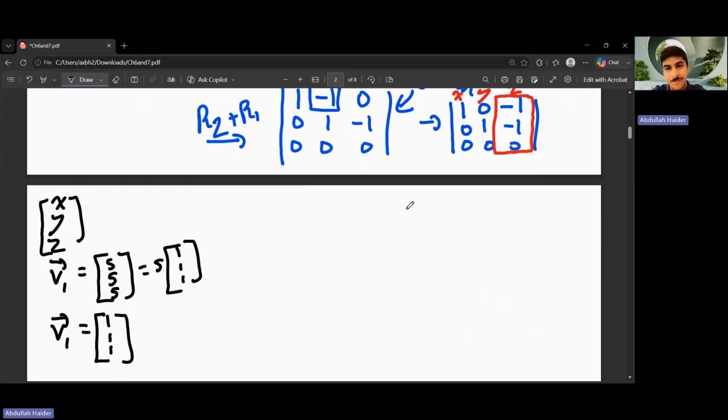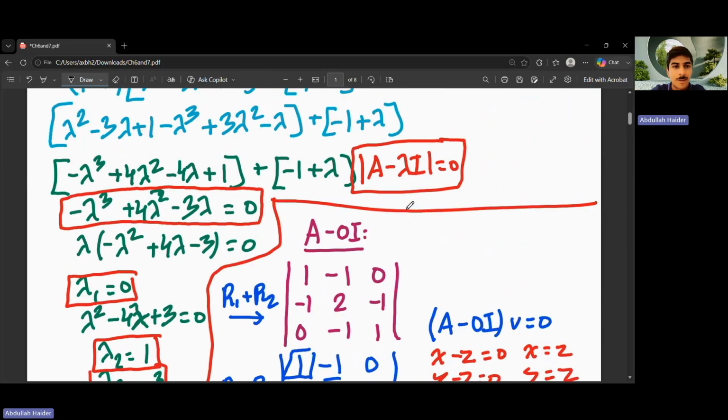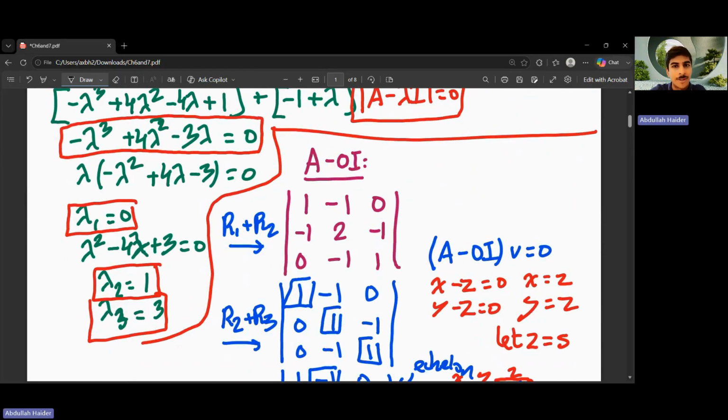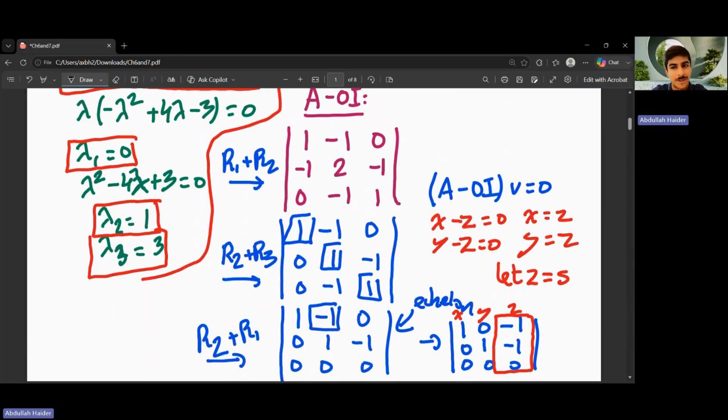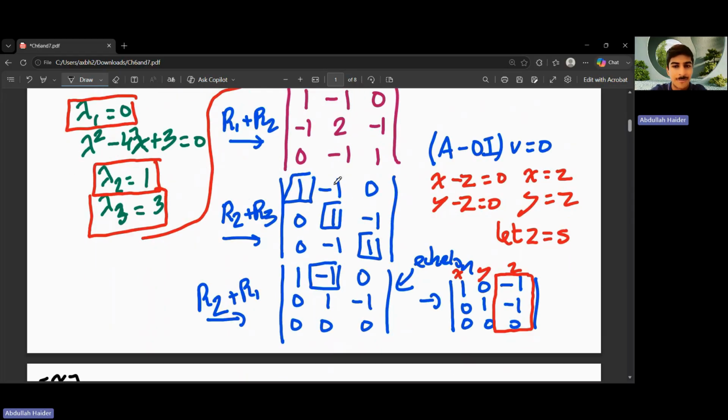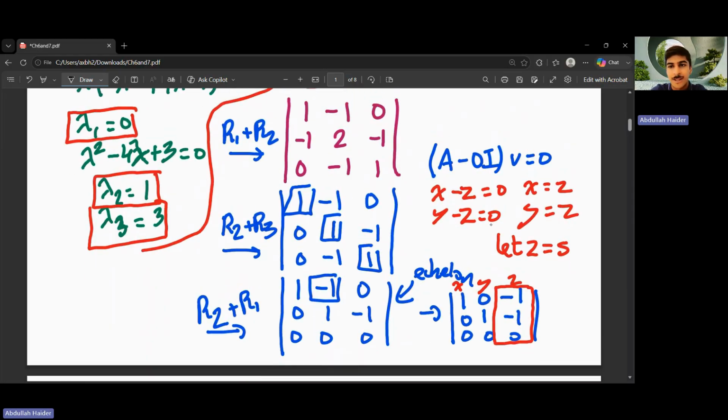So just a quick summary of what I did. After you find the eigenvalues, you substitute each eigenvalue into the main equation, and then you find the eigenvector using row reduction and setting this equal to 0. So I row reduced this into this matrix, and I got x minus z equals 0, y minus z equals 0.